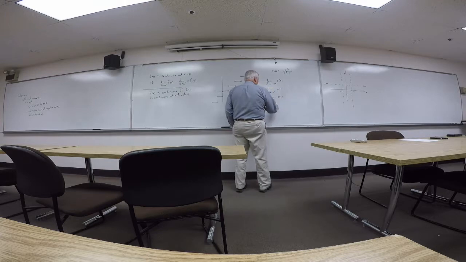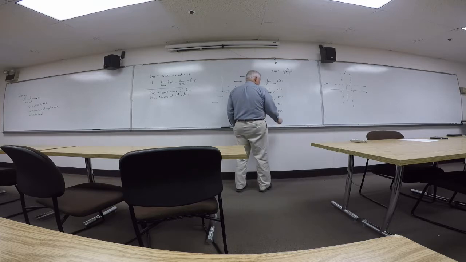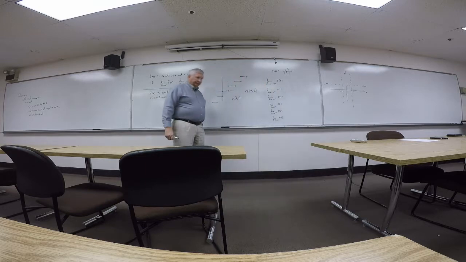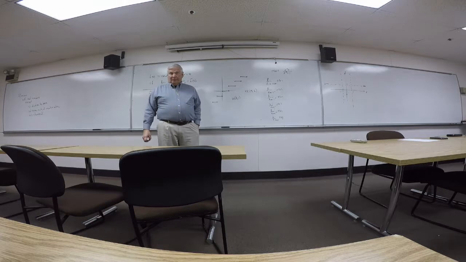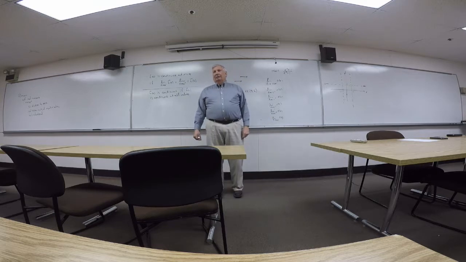The limit as x approaches 1 from the negative side of r of x. The limit as x approaches 1 from the positive side of r of x. And finally, the limit as x increases without bound in the positive direction of r of x. All those will help me sketch this graph. We'll go on and find these two in a little bit.